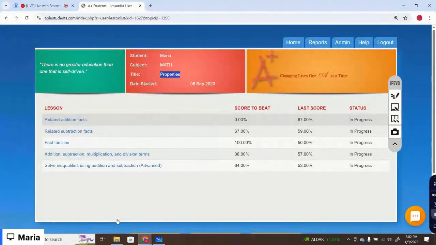Here I'm on grade 2 math right now, on properties. Let's just start with the first lesson, that is related addition facts.